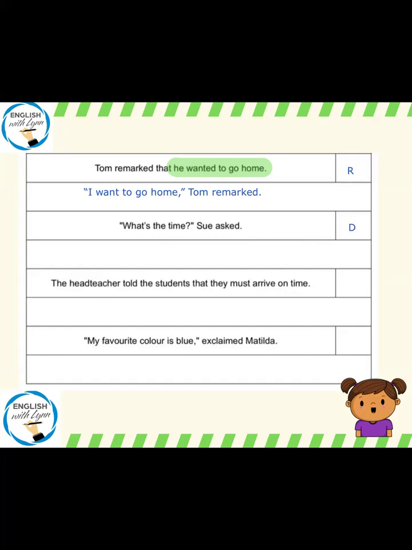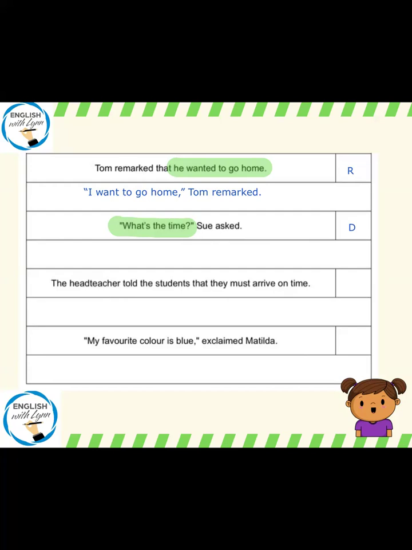And the bit that is being spoken is what's the time? So I need to put who is making the statement. So Sue asked what the time was. Now, with this, I don't need to add any punctuation.